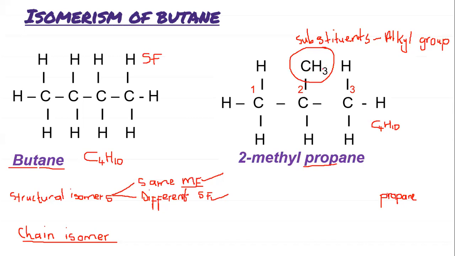But here it's a CH3, so there is 1 hydrogen that is not there. As a result, instead of calling it methane, we call it a methyl group. You don't say it is a methane.